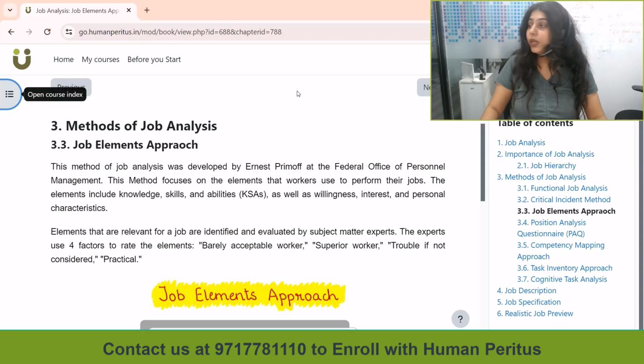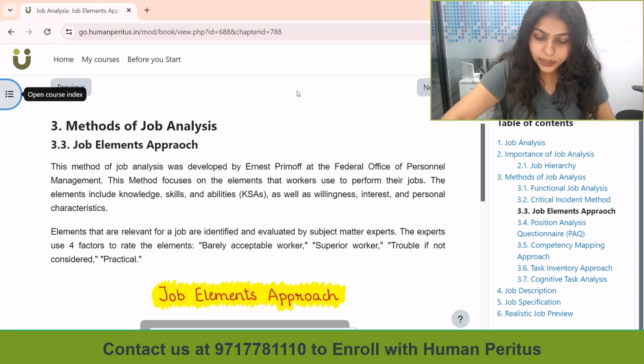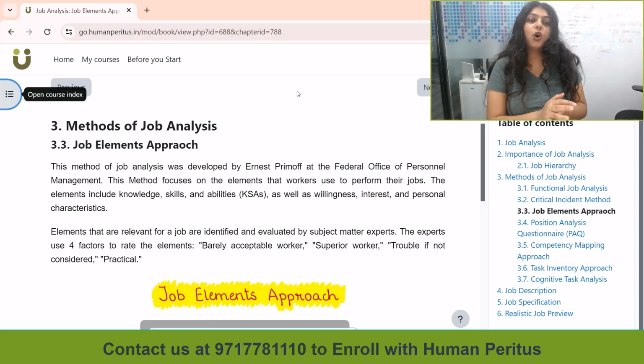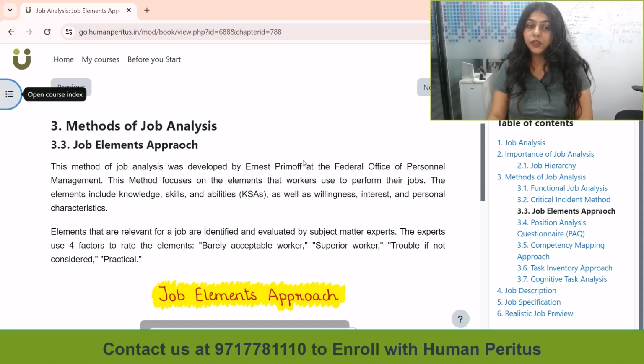Hello guys, we are covering the methods of job analysis, and within the methods of job analysis today we are covering the job elements approach. Now what is the job elements approach? It heavily relies on elements, and this was given by Ernest Primoff at the Federal Office of Personnel Management.